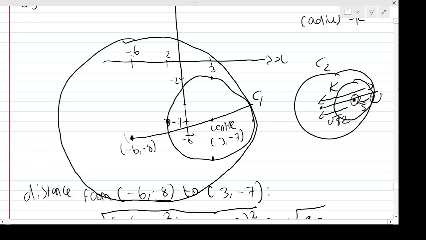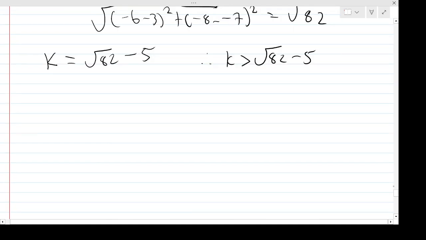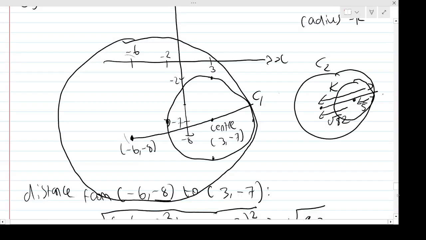From the centre to the outside of the other circle, okay? That whole distance then is k, the radius of C2, okay? So the upper limit is when k is equal to root 82 plus 5 in that case. Because then I add the two components here and here, right? To get the whole line in that case.